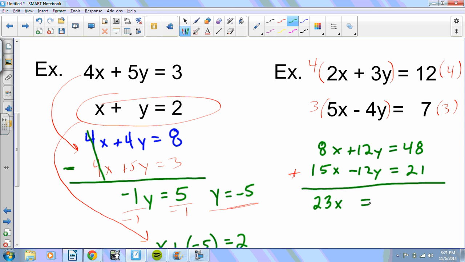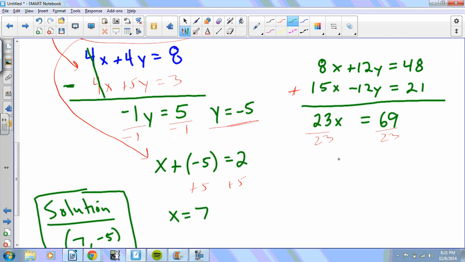Equals 48 plus 21, which is 69. Okay, so I have that. Again, divide by 23. Pretty simple here. Divide by 23. Let's move this down a little bit. x equals 3, because 69 divided by 23 is 3.